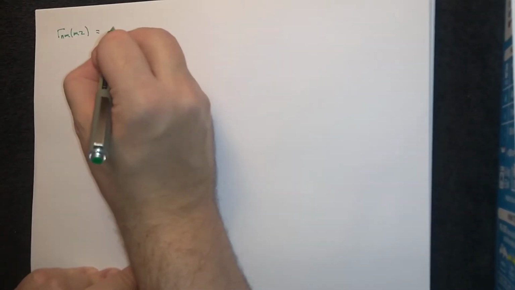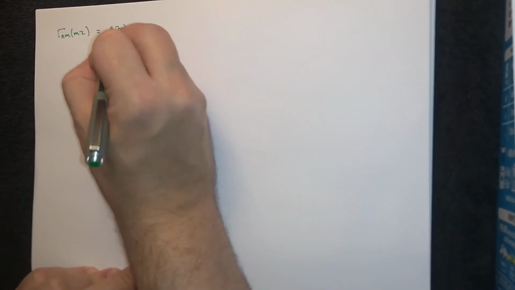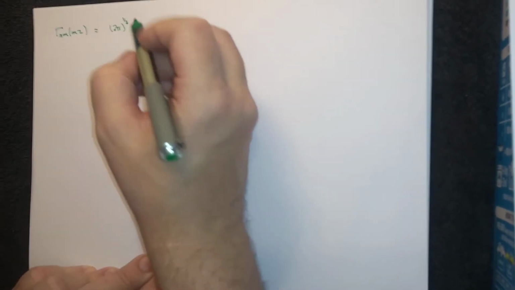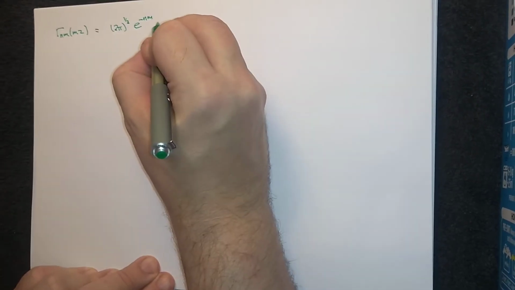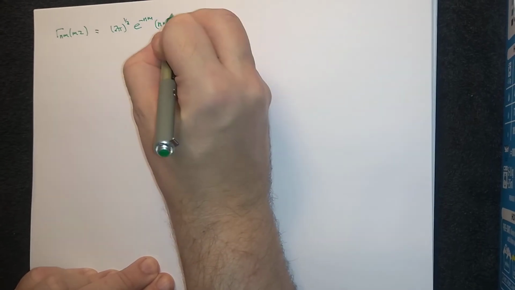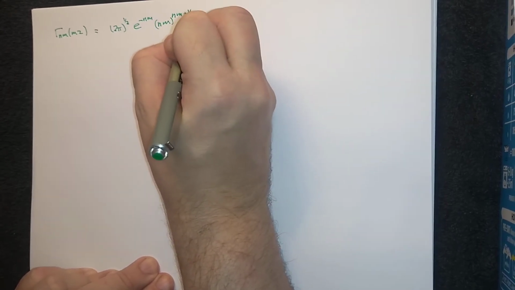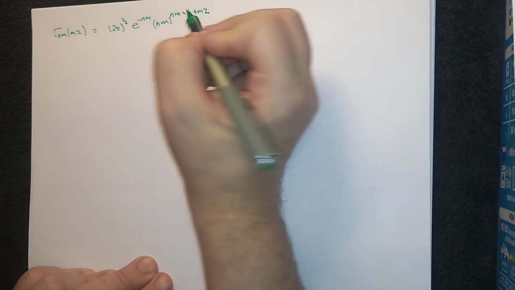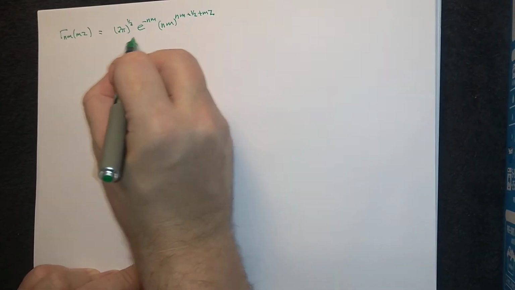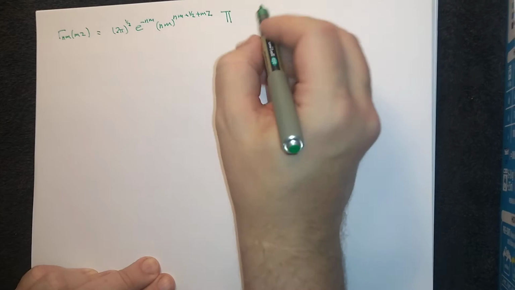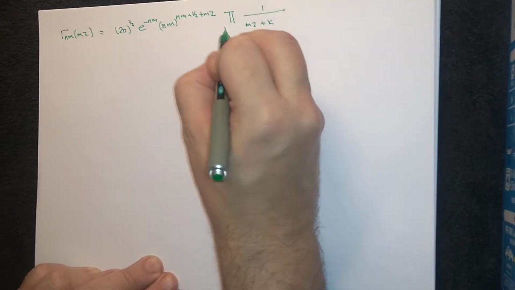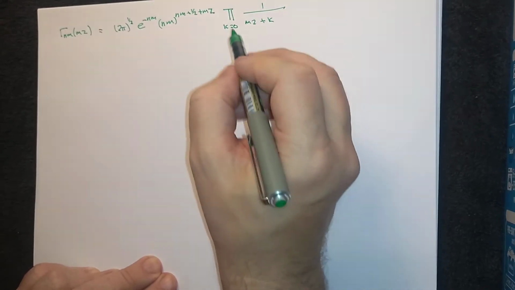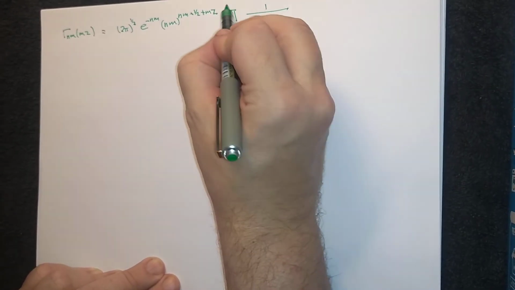That thing is 2 pi to the 1/2, e to the minus nm, nm to the nm plus a half plus mz, times the product 1 over mz plus k, k equals 0 up to nm.